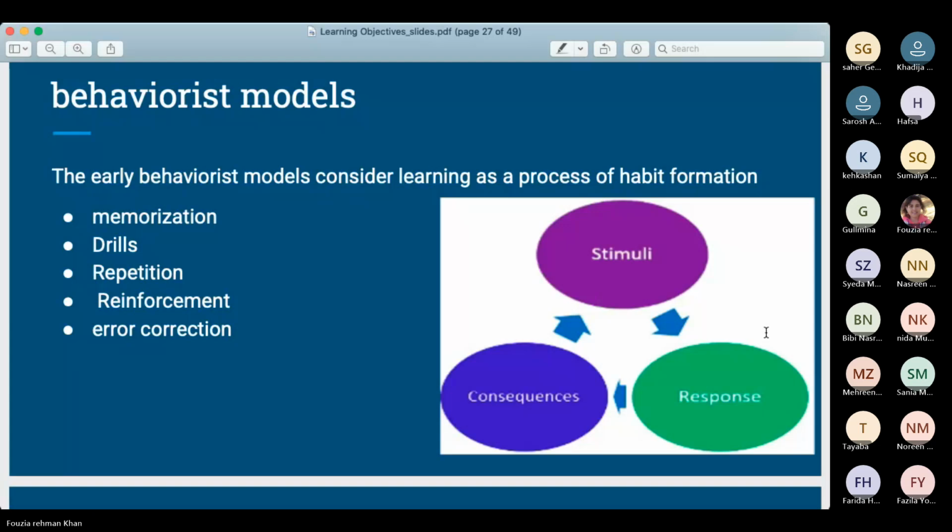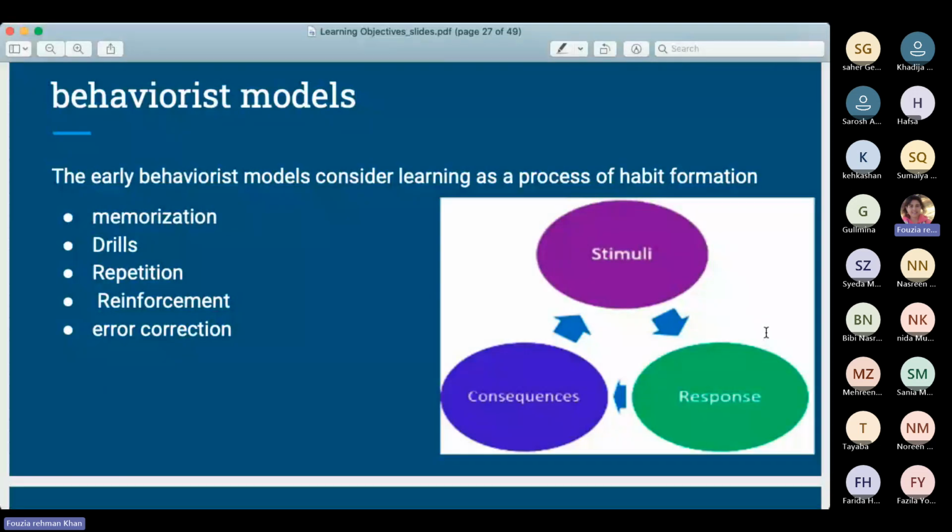There are drills to reinforce memorization. A lot of repetition is done to achieve the same, and errors are corrected by the teacher. And if there are errors, the marks are deducted, and all of that. What I'm trying to tell you is, behaviorism is of the late 19th century, but methods based on behaviorism are still practiced in many schools and colleges.